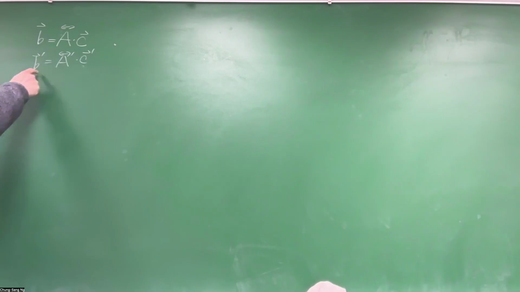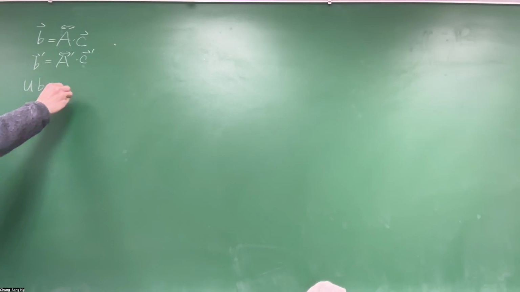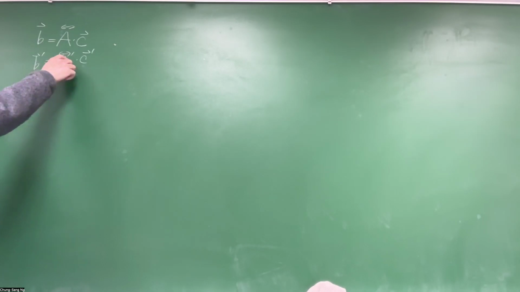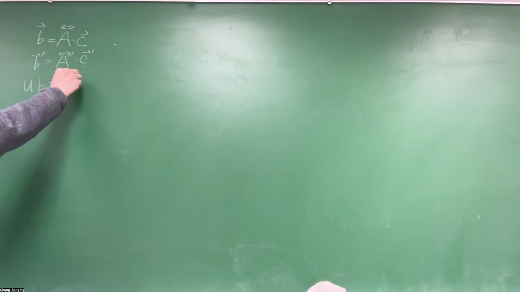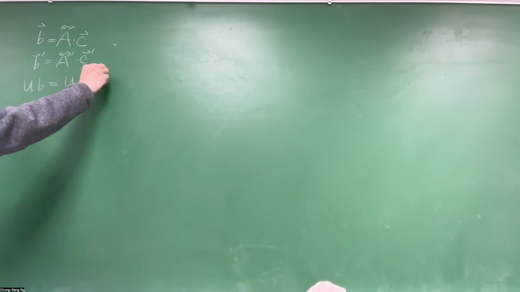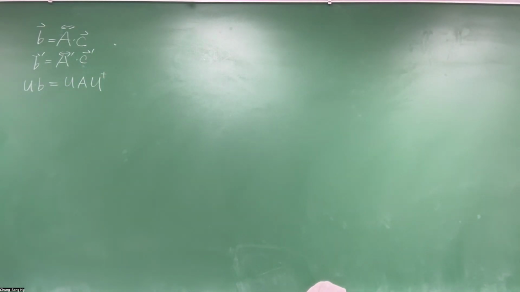But now we transform from B to B prime using the U. So U dot B. Let's just simplify the notation. Now A prime is transformed from A using U A and U dagger, because it's unitary.